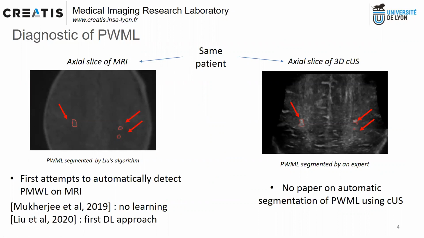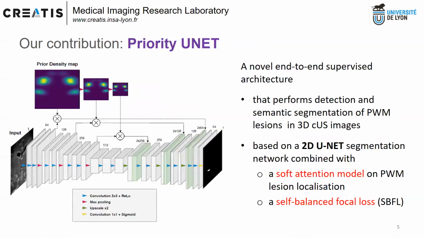So there has been recent work to automatically perform this task in MRI with a deep learning approach recently proposed by Liu et al. As far as we know, there is no reference on automatic segmentation in CUS. So our contribution is to fill this gap by proposing a novel deep architecture entitled Prior Unet, which is based on a 2D Unet segmentation backbone.